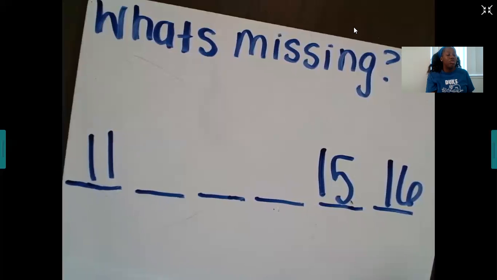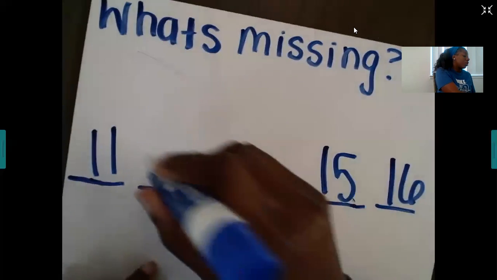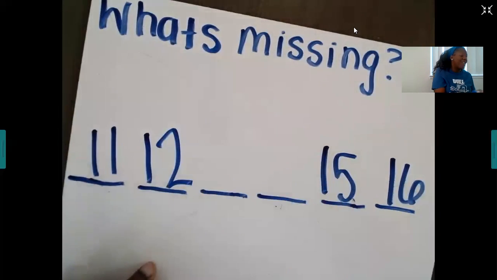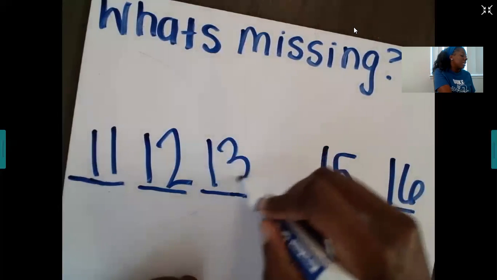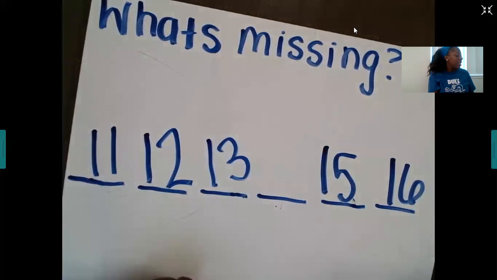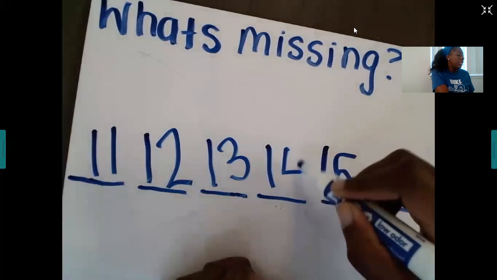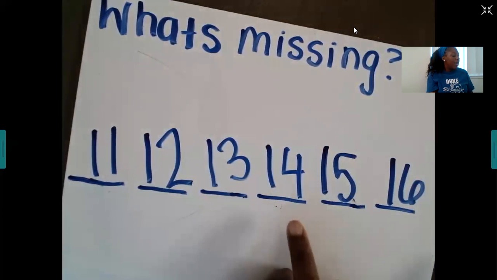Let's think about some strategies to help you. You know how to count. After 11 comes what? 12, that's right, you got it. After 12 comes 13, you got it. And after 13 goes 14, you got it. So after 14, you have 15 and 16.